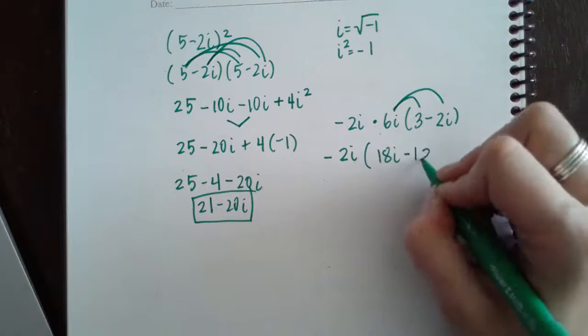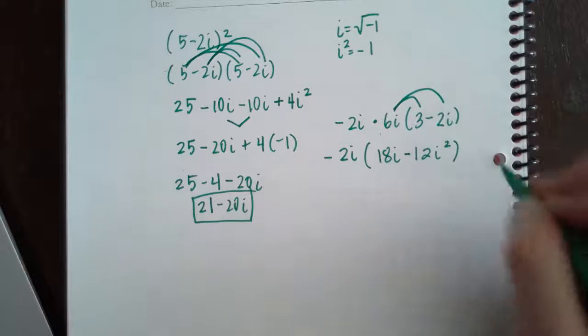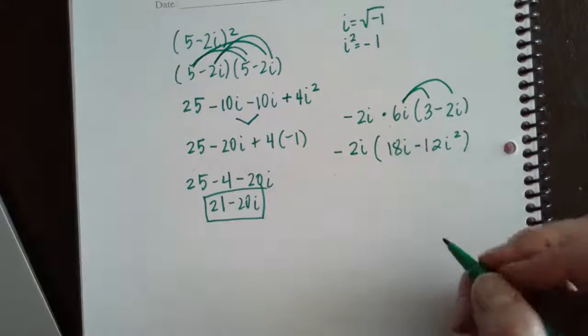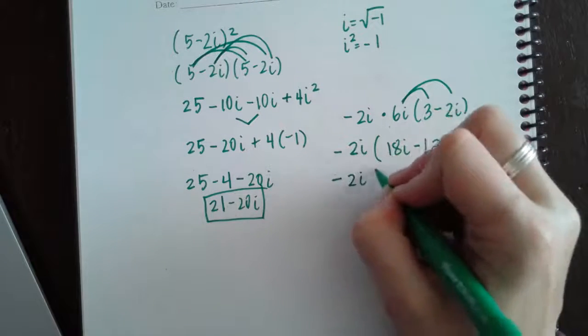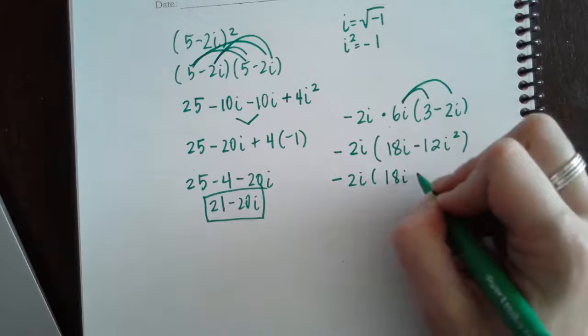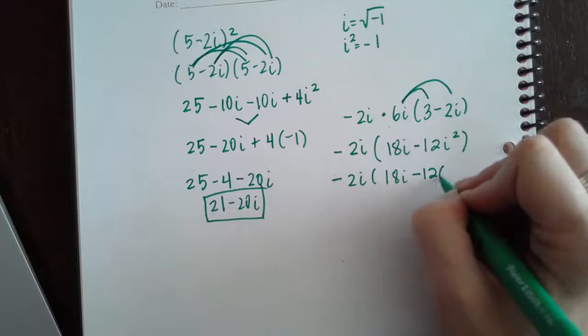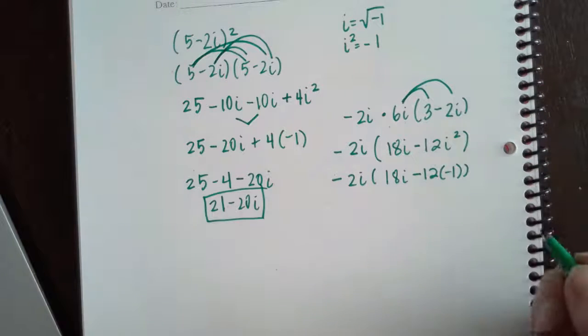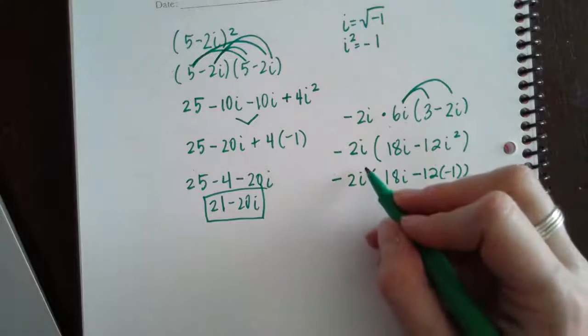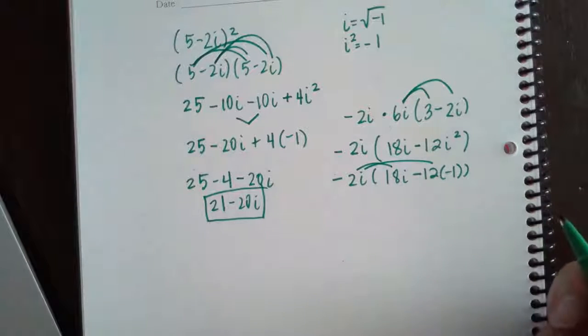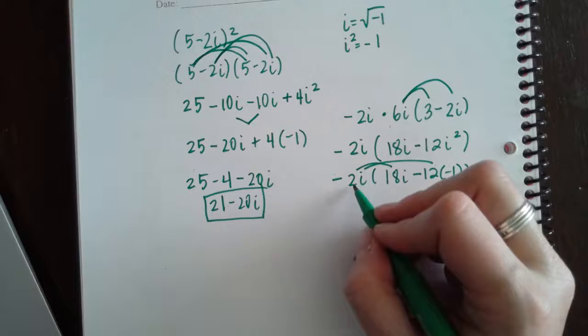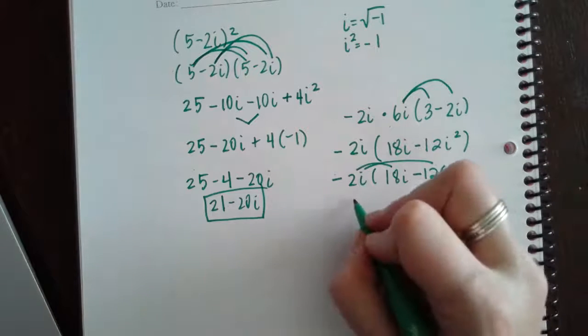12i squared. Remember, i squared is the same thing as negative 1. So we have negative 2i, and then 18i, negative 12 times negative 1. And then we can distribute this through. Negative 2i times 18i is negative 36i squared.